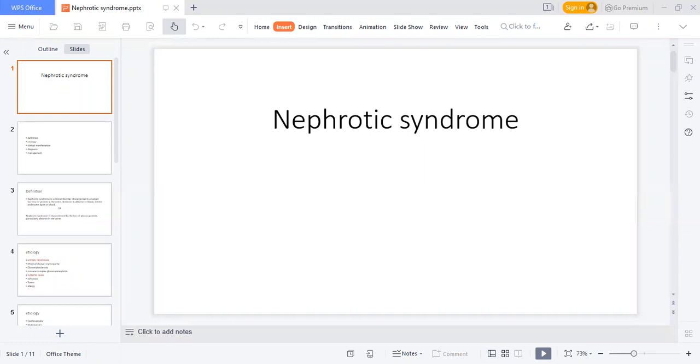That is hematuria, meaning either there will be blood in the urine or the amount of protein in the urine will be more than 3.5 grams per liter for 24 hours. This is the main and cardinal feature of nephrotic syndrome, that the amount of protein is more than 3.5 grams per liter for 24 hours.